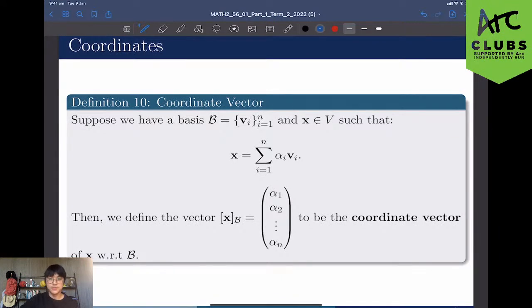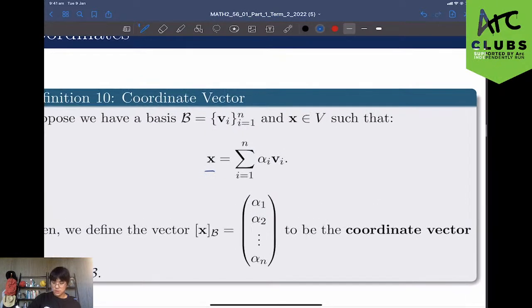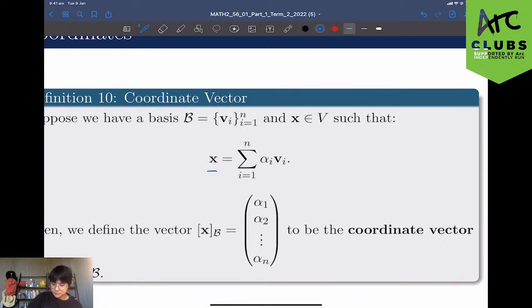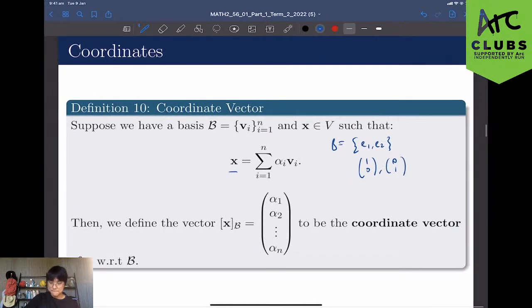So with coordinate vectors, we want to write a certain vector as a linear combination of the basis elements. A standard example is, say, the basis of R2 is e1, e2. For any element in R2, say for example (5, 4), that's equal to 5 times (1, 0) plus 4 times (0, 1).